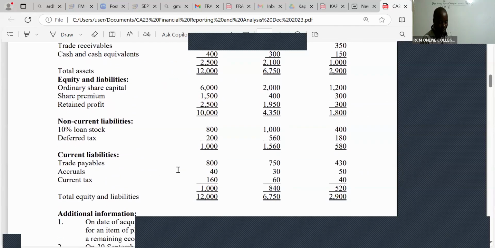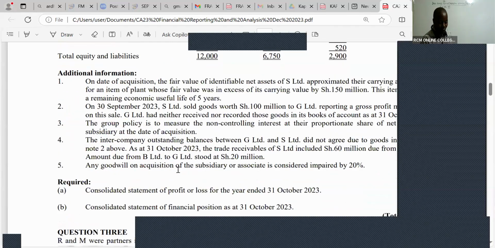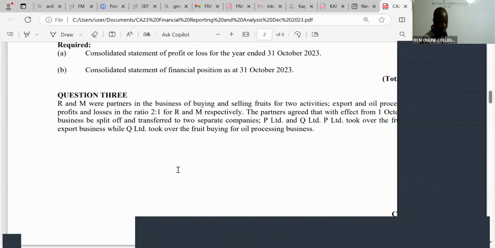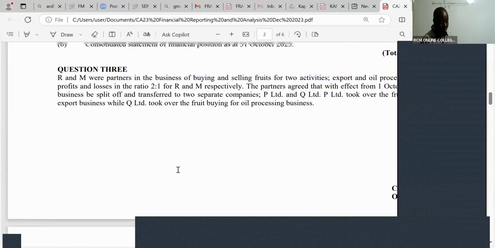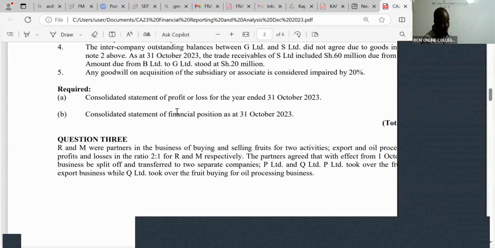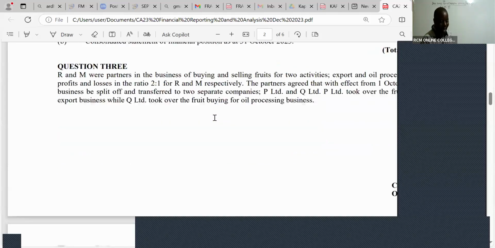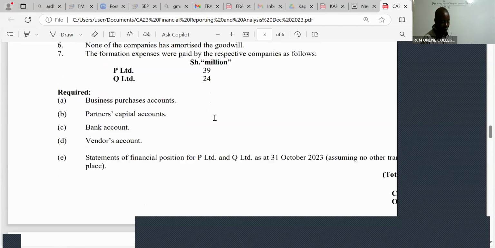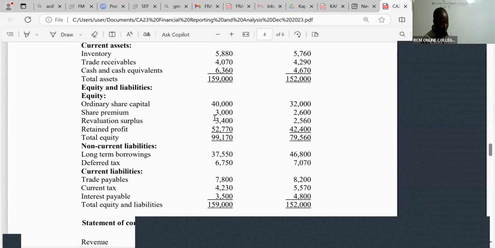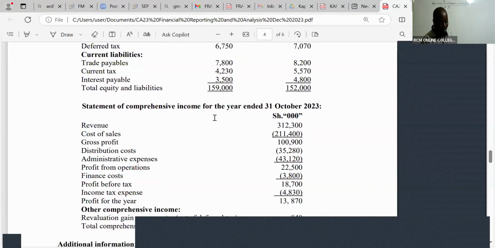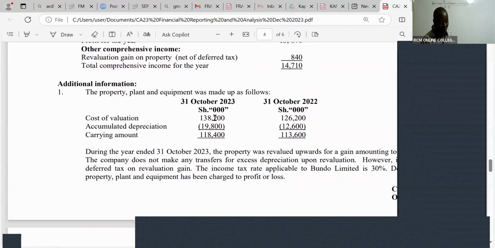In this sitting, they gave us a group statement of P&L and a group statement of financial position, very, very important. And in the same sitting, they also tested us on cash flow. They never miss.